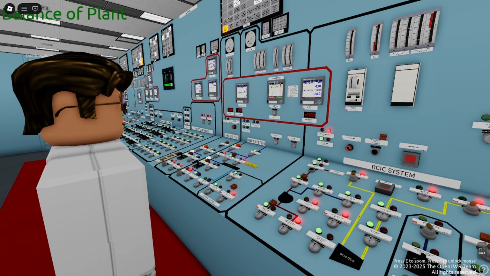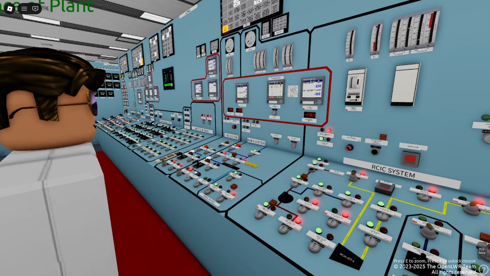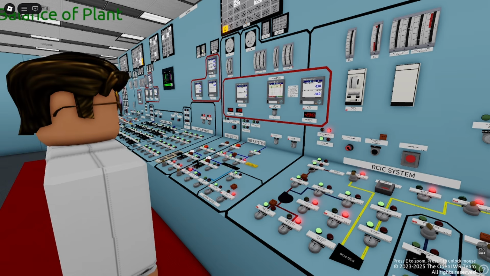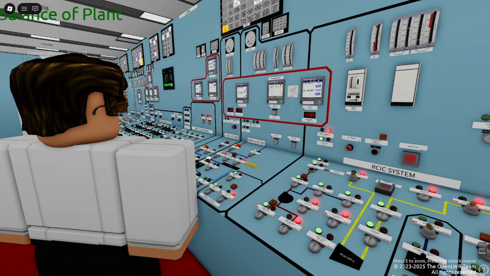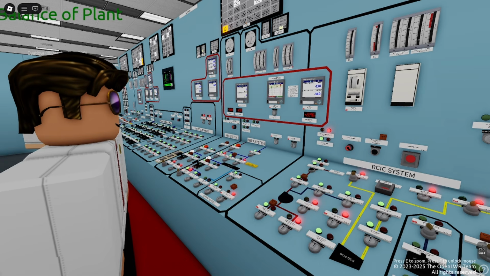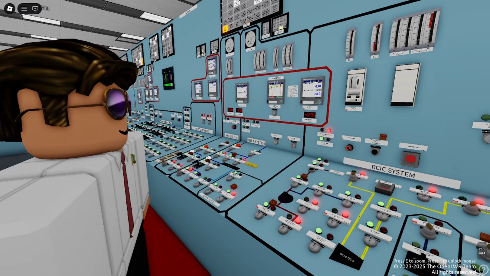Detlef, has HPCS been freed up from RPV injection? RPV spray, sorry. Yes, HPCS is not being used for RPV injection. Alright, Yatlov, I would like you to use HPCS with suction from SPC to restore SP level.